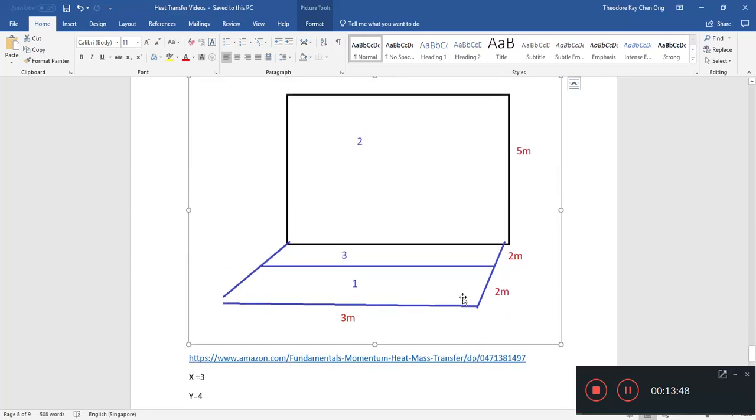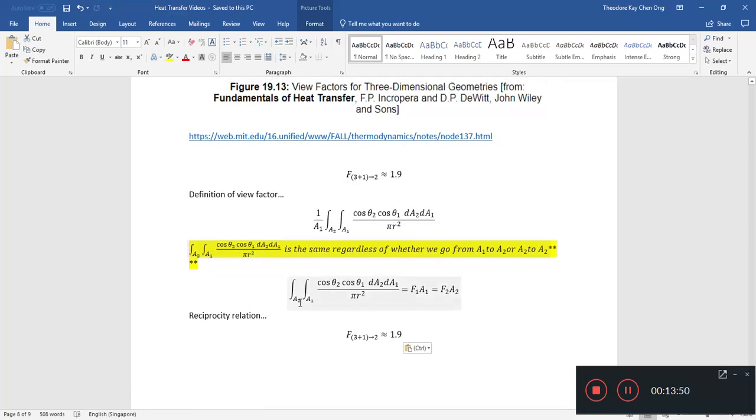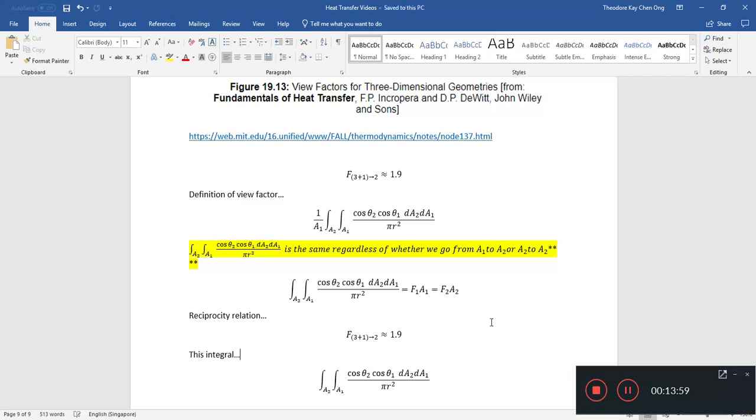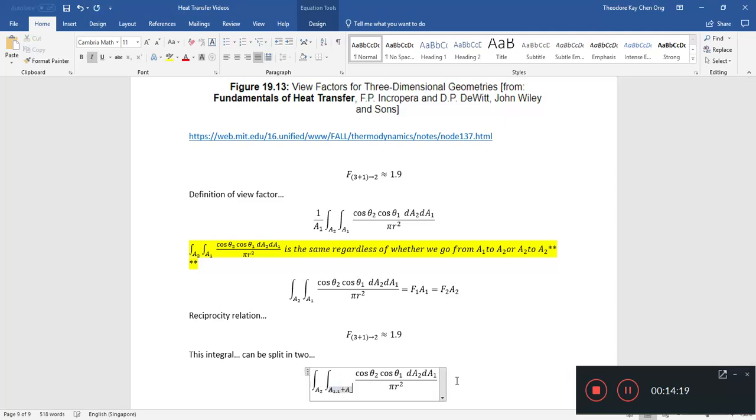Okay, so what am I talking about? This integral can be split in two. So let's say it's not just A1 now. You have A1.1 plus A1.2.